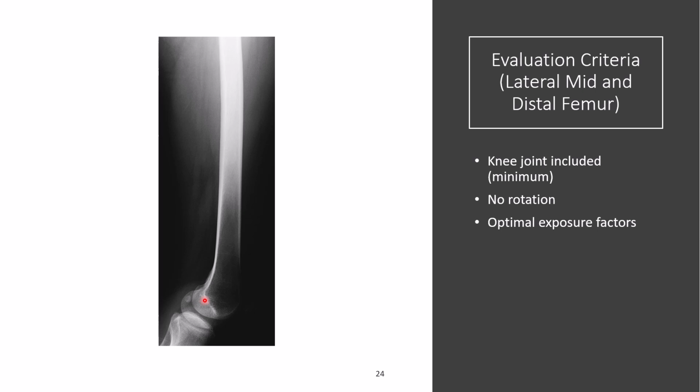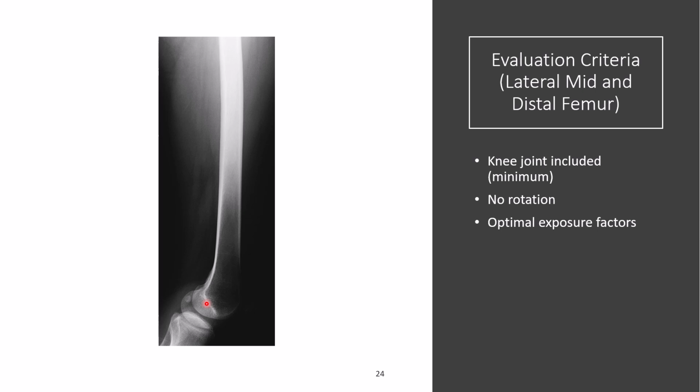Now, from learning knee, notice that the femoral condyles are not superimposed, but remember we talked about when they're not superimposed because they sit superior and inferior to one another. That is because the tube is not angled, because the medial and lateral condyles, there's about a 5-degree difference between them, and that's why we angled the tube 5 degrees cephalic on every single patient for a knee.